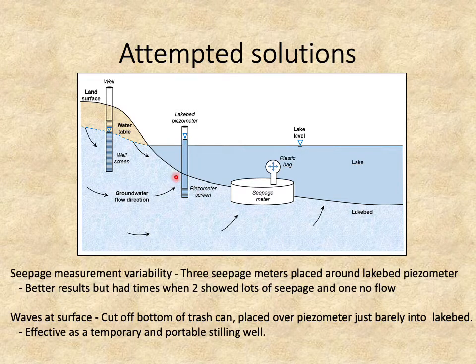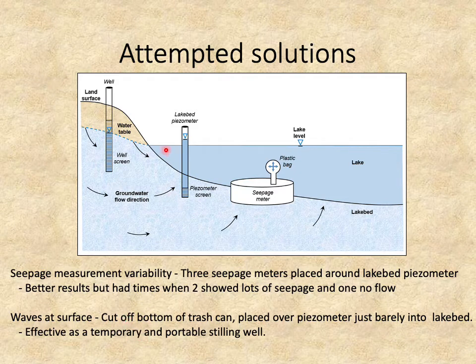The other thing that we did, in these places where we had waves at the surface, was really effective. We just cut the bottom off a trash can, placed it over the piezometer, and made it so that it was just barely into the surface of the lake bed or stream bed, but above the lake level, so it acted like a big stilling well. That was really pretty easy and effective.